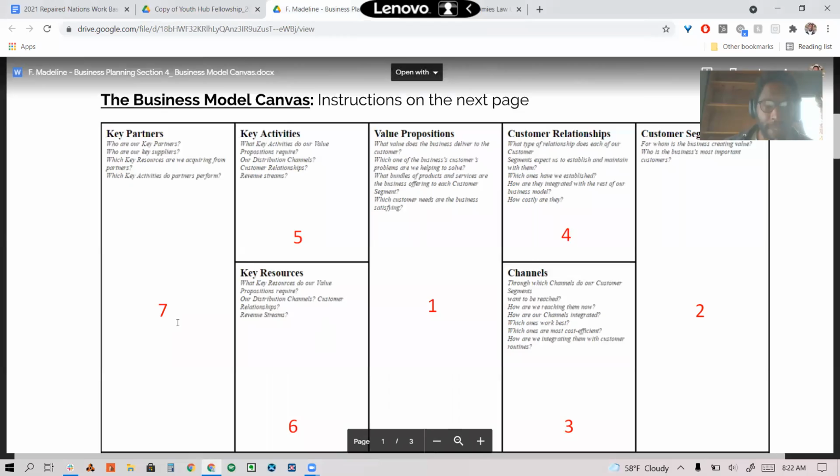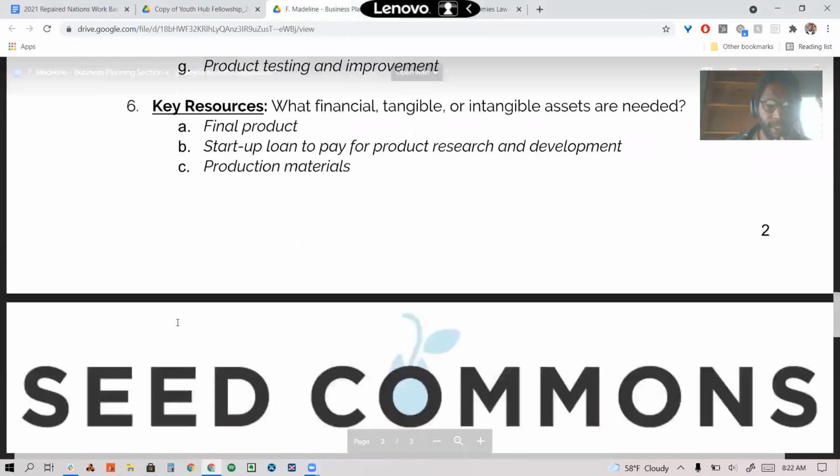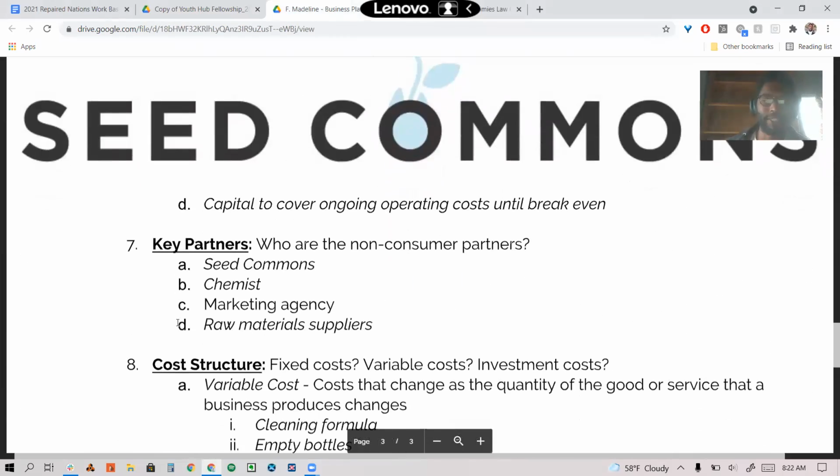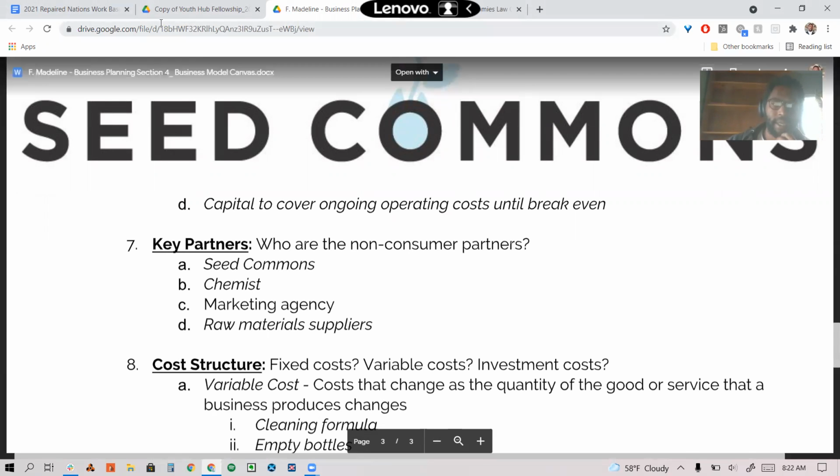Going over to key partners, the question is, who are the non-consumer partners? Here they've mentioned Seed Commons, a chemist, a marketing agency, and raw materials suppliers.